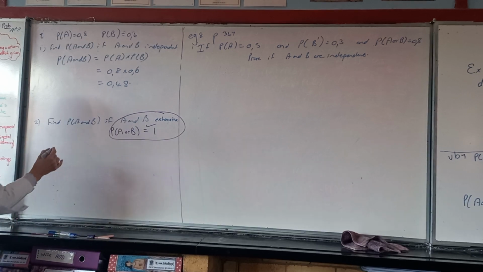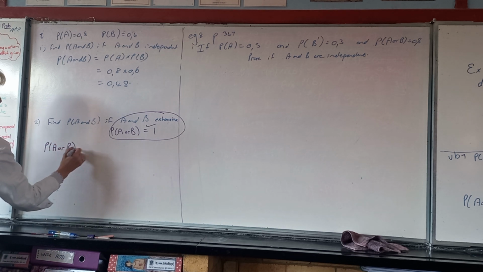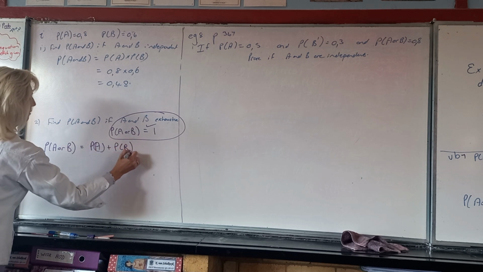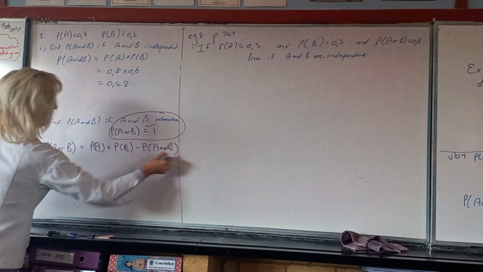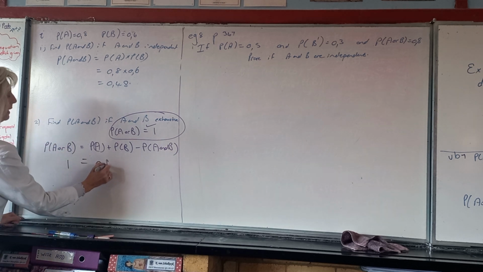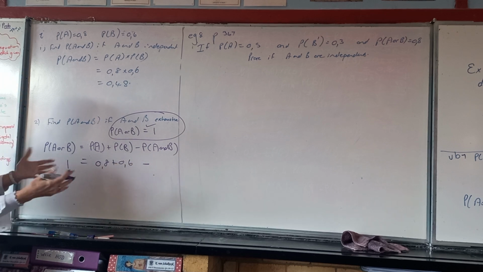In the identity. So finding the "and" part, I'll use the identity, in which I now know that P(A or B) is equal to 1. That's where you're getting your mark, knowing that it's 1. The rest of them, 0.8, 0.6, minus the "and" that you're looking for.